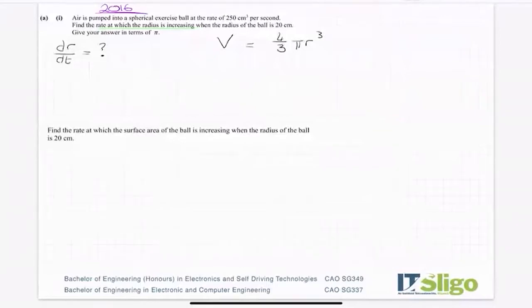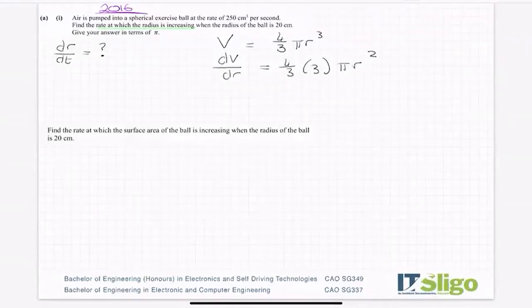Okay, so if I could differentiate this, if I could look at the rate of change of this, volume could change, but only with respect to radius. So 4/3 is a constant, pi is a constant. So the only thing I can differentiate this formula with respect to is the radius. If I differentiate that with respect to the radius, it's the power of the radius that comes down and reduces by 1.